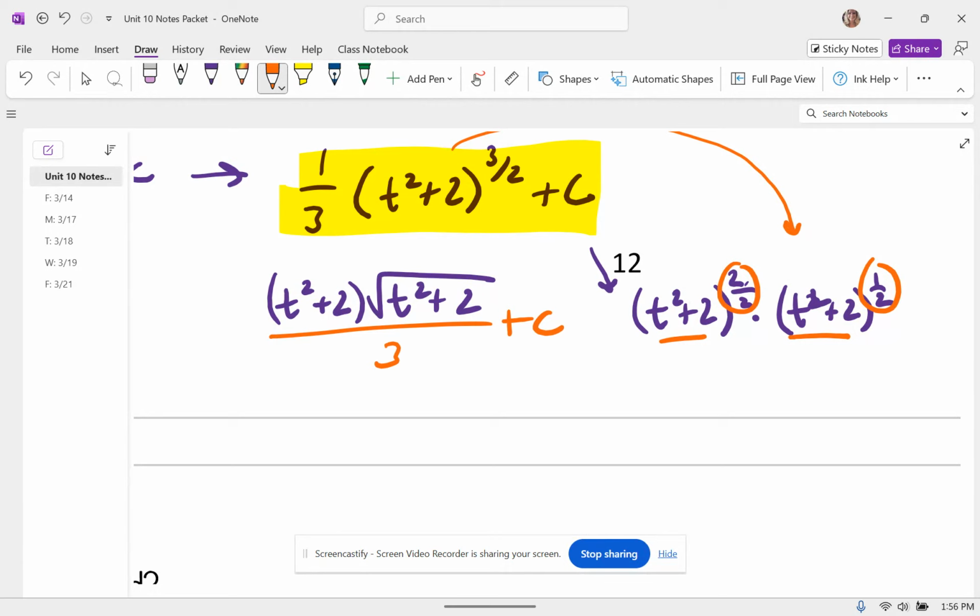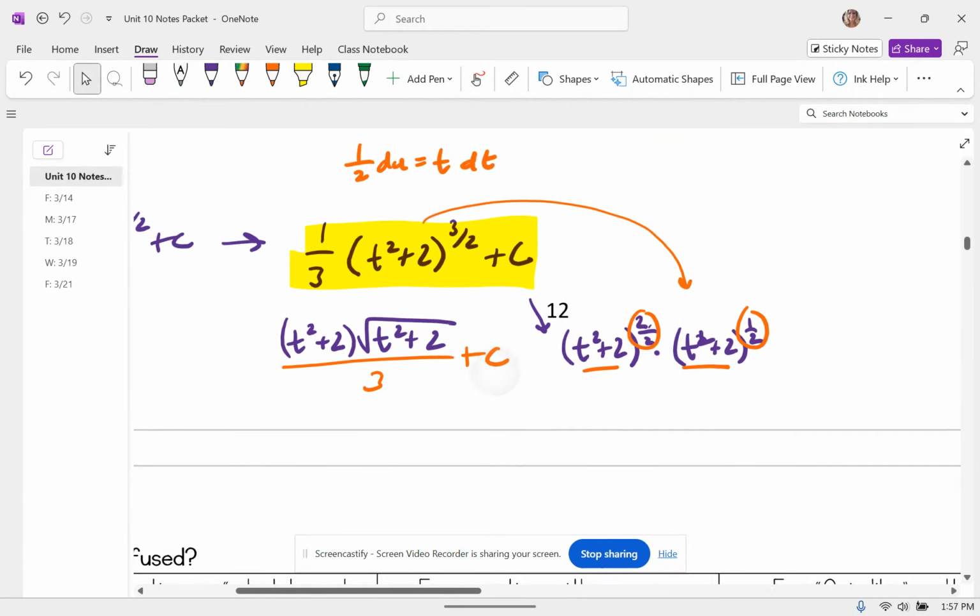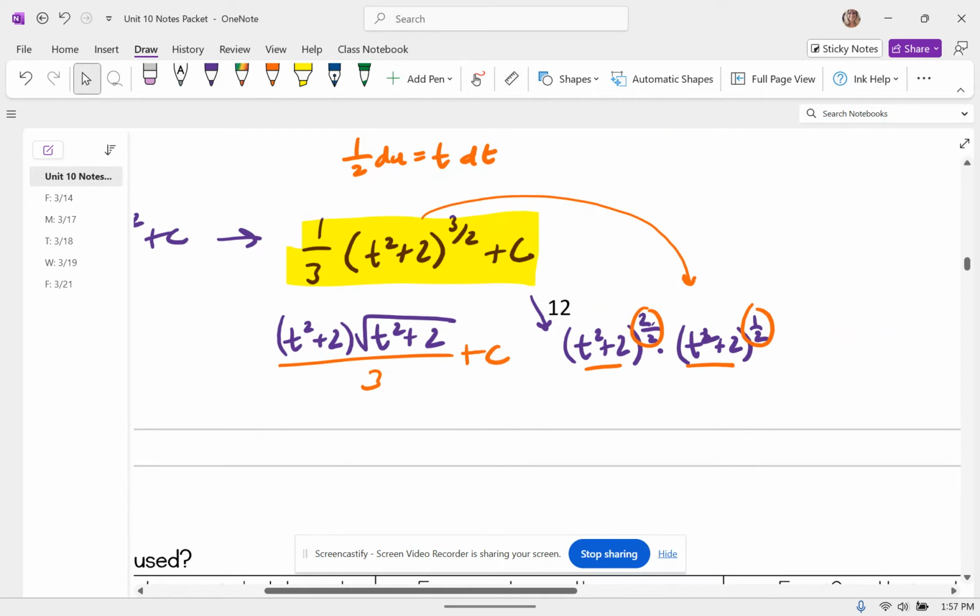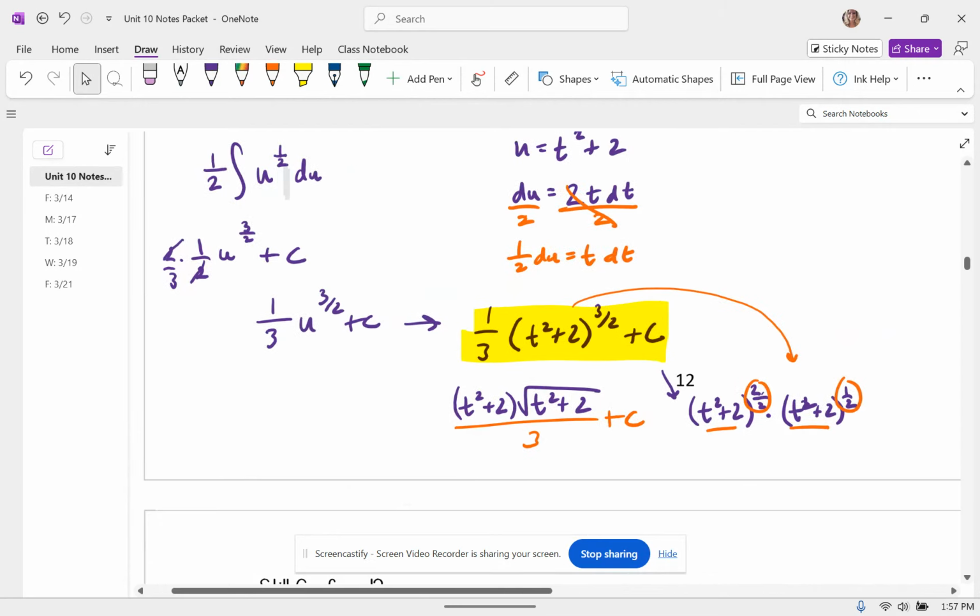I need to see how we got the 1/3. So it was 1/2 out front, and then we multiplied by the reciprocal, because that's the same thing as dividing by 3 over 2. The 2's cancel, you get 1/3. I got 3/4. How'd you get that?